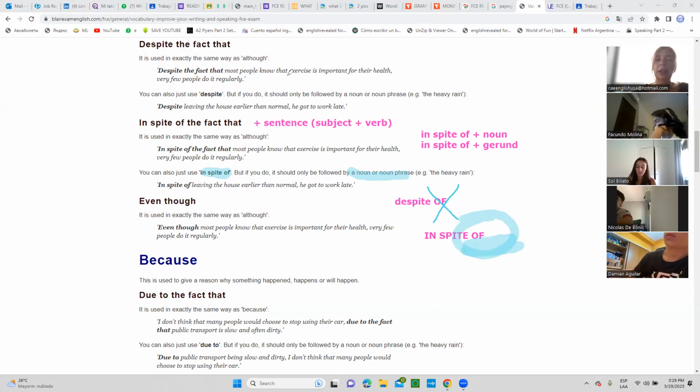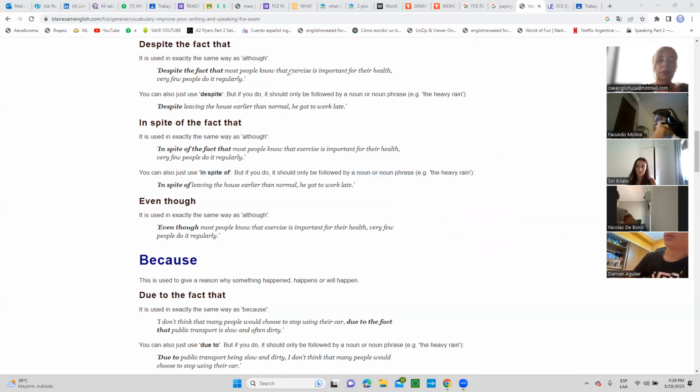Okay. All right. Now, even though, remember that even though they are two words, because it's common that students write them together, they are two words. So for your word count for the writings, they are considered two words, of course. Even though is used exactly the same way as although. Even though.